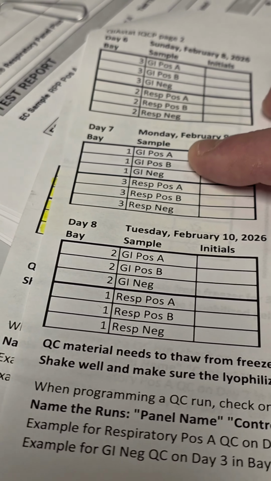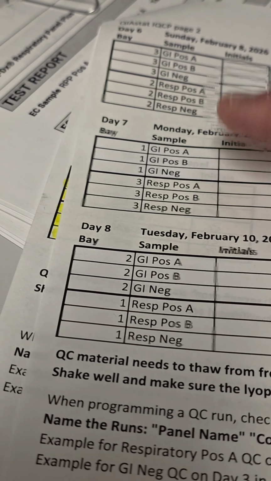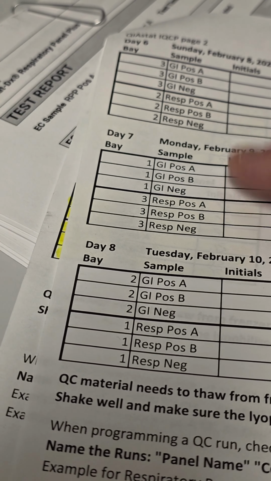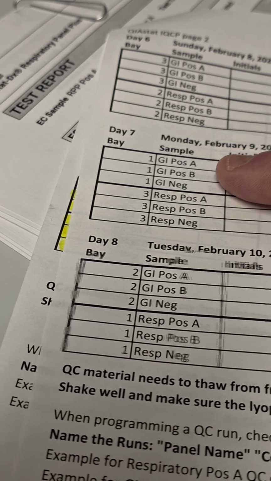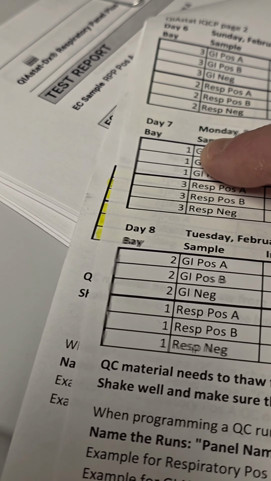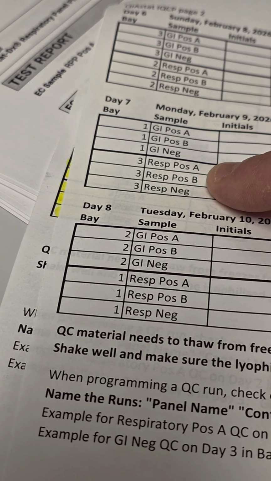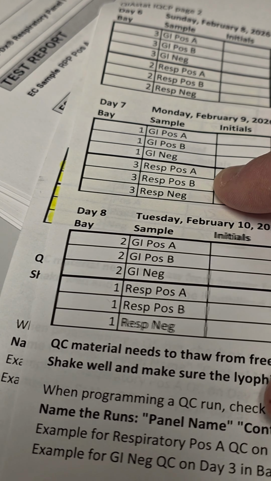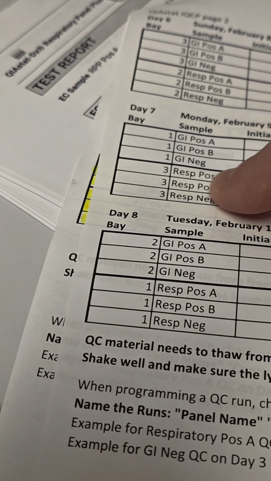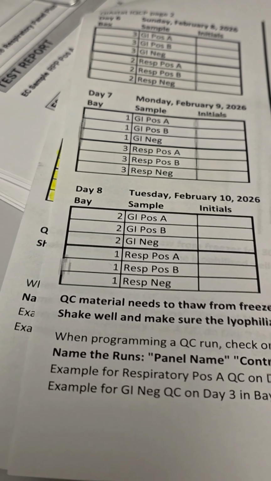Tomorrow we're going to switch bays. We'll have to exclude those the way we did the other ones, and then label it accordingly. So for tomorrow, for example, it'll be GIP pause A1 D7. And for our respiratory, it's going to be RPP pause A3 D7. And likewise for day 8.